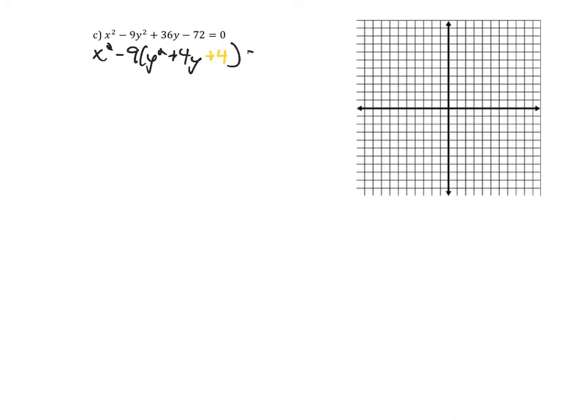And then on the other side, I added the 72 that was on the left side. Let me fix that. 72, and then we're actually subtracting a number here because it's minus 9 times 4. We're actually going to be subtracting 36 because it's minus 9. We're subtracting that number on the left side in reality, right?